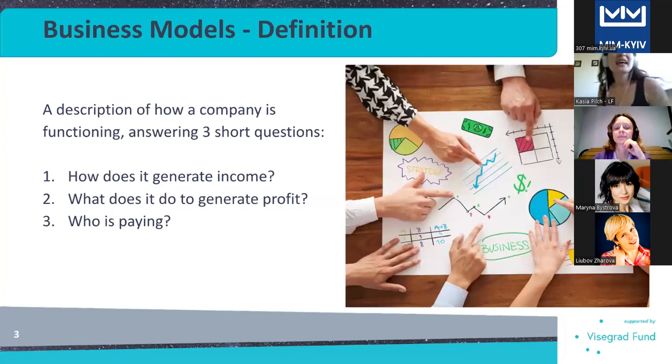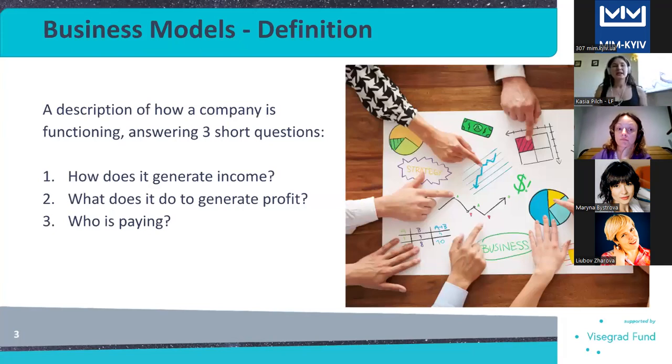So let's start. A business model is basically a description of how a company is functioning. It answers three very short questions: how does the company generate income? What does it do to generate income? And who is paying for it?